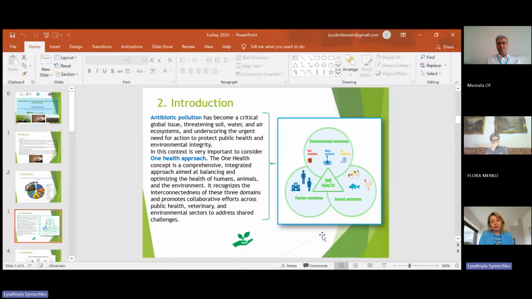And of course, antibiotic resistance genes can be transferred horizontally and vertically, from human to animal, and from animal to human, and of course migrate from the environment.